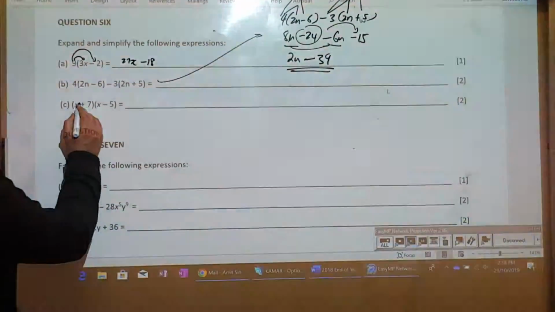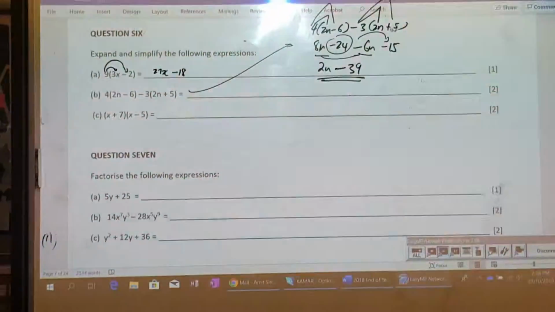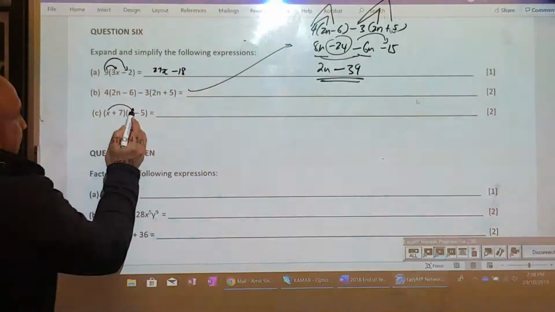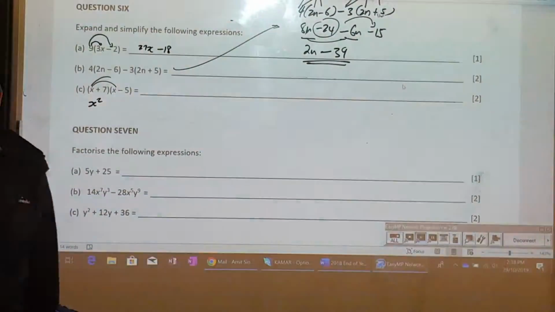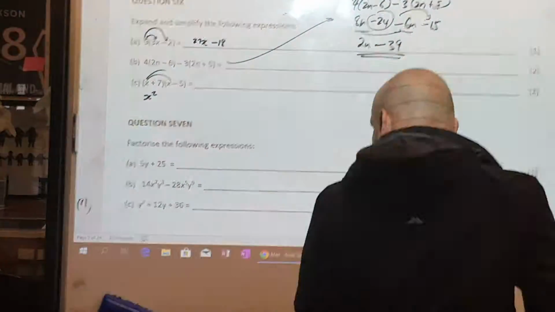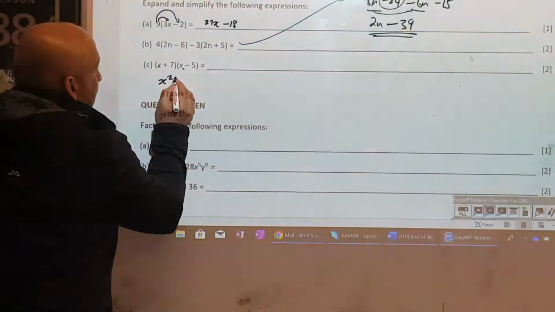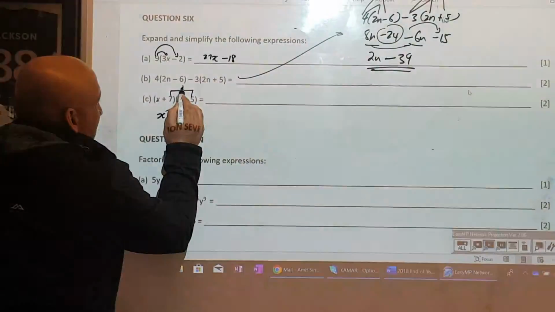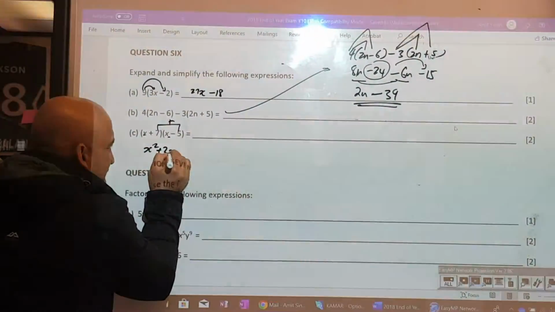C is expansion: x plus 7 and x minus 5. X times x is x squared. The easy way, what I taught you: x squared, then 7 plus minus 5 is plus 2, and place an x.